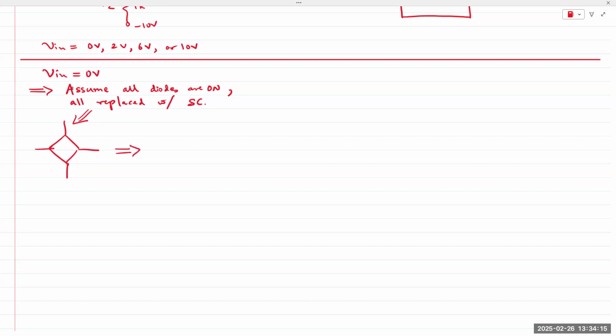And that means that everything is one single node. I1 is coming from the top. I2 is leaving. I3 is also leaving. The four diodes that formed a diamond configuration are now a single dot.